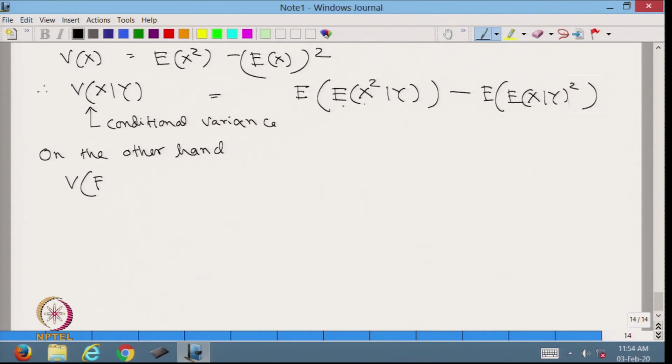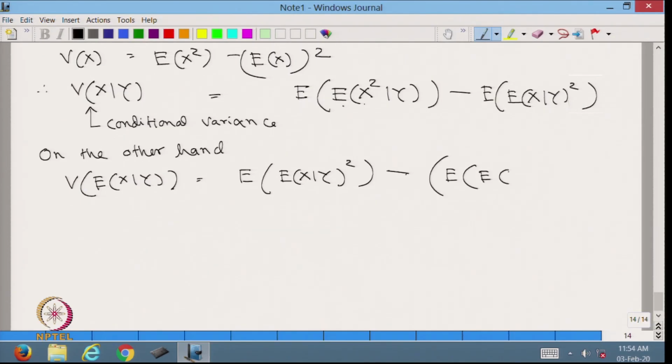On the other hand, variance of expected value of x given y is equal to expected value of x given y whole square minus expected value of x given y whole square.